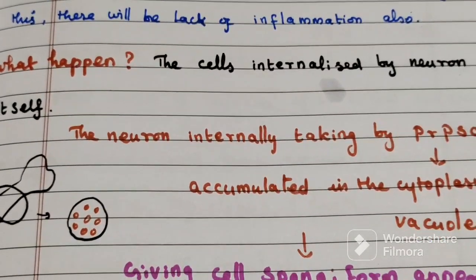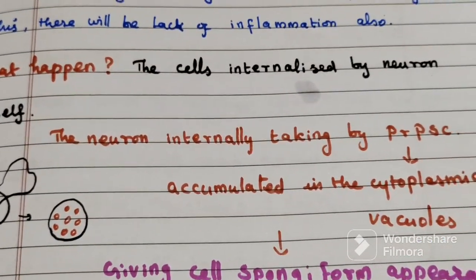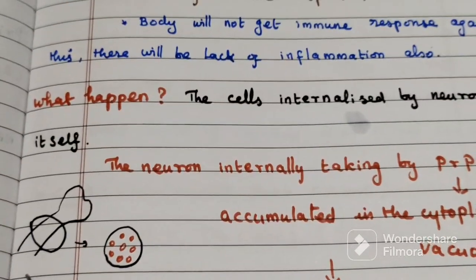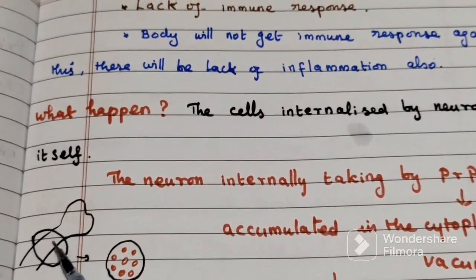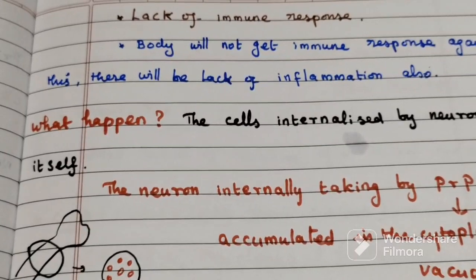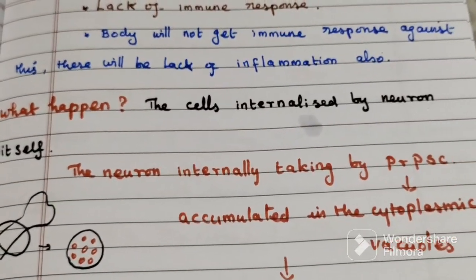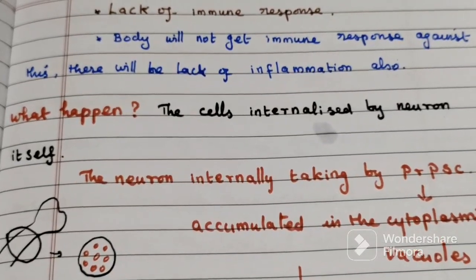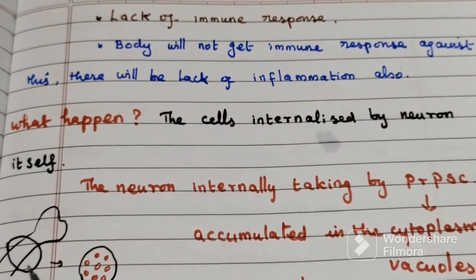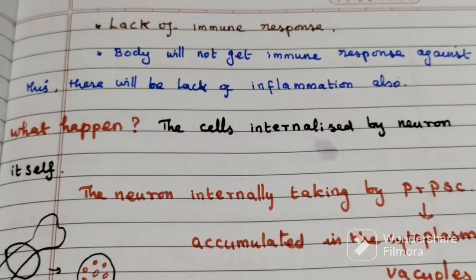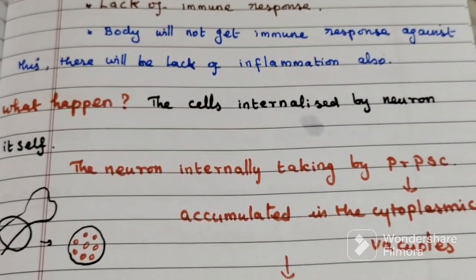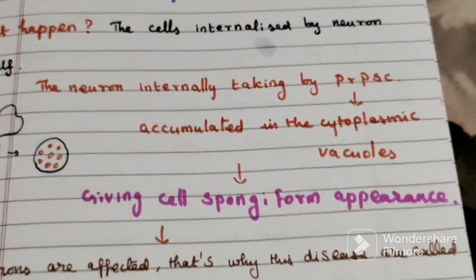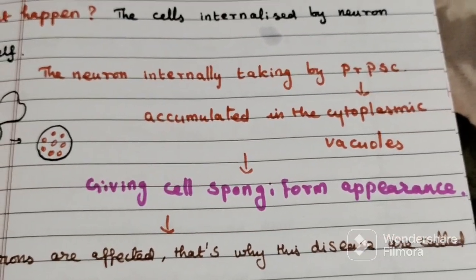The neuron internalizes the PrPSc. The PrPSc accumulates in cytoplasmic vacuoles, giving the cell a spongiform appearance.